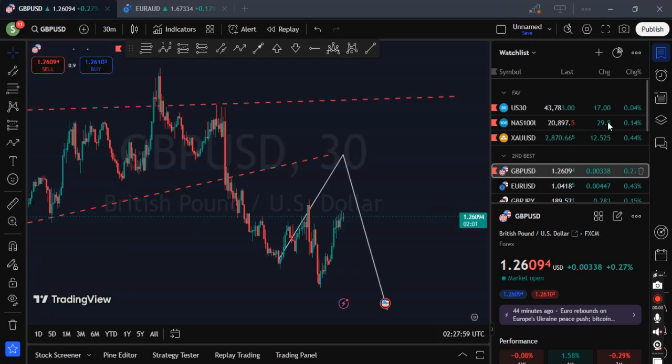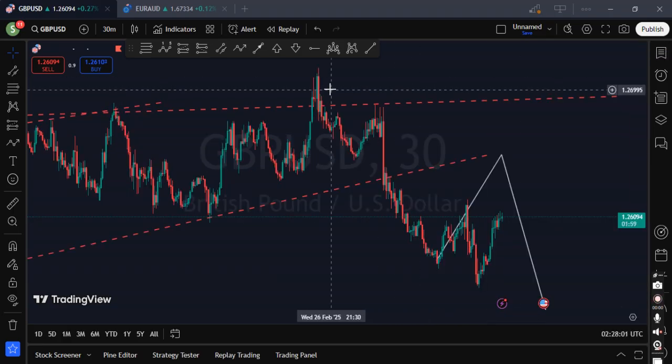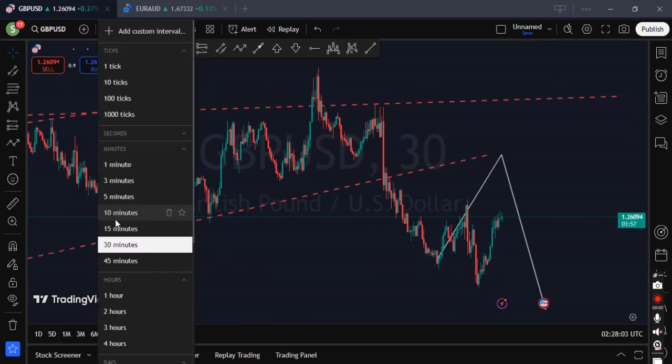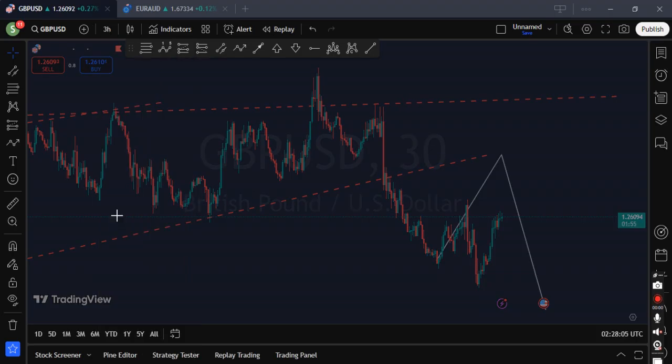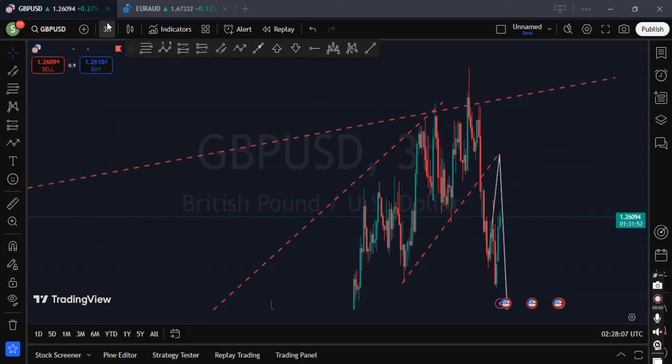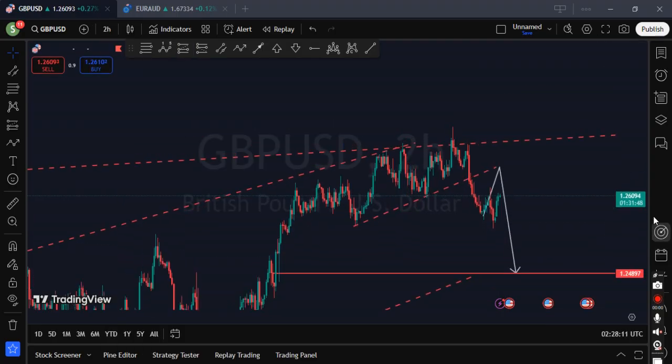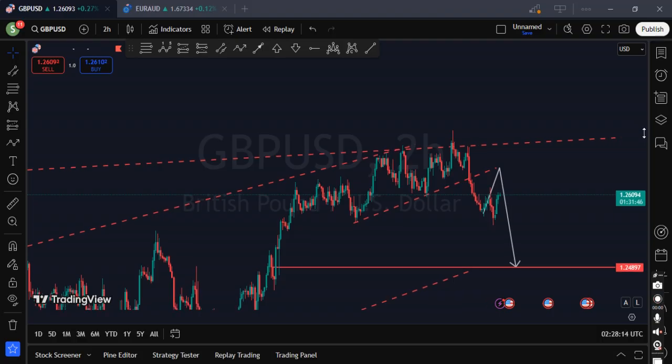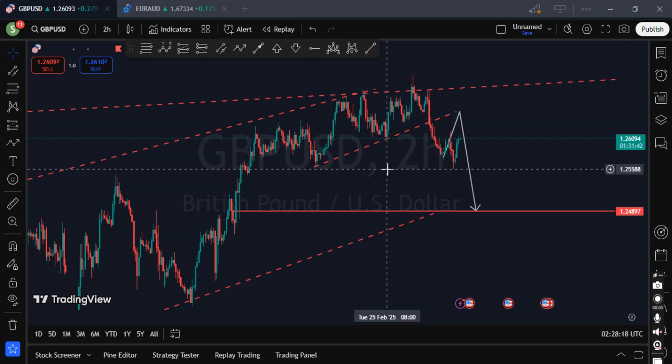This is what we have on our time frame. Let's put it on a 2 hour time frame. So this is what we expect from GBP USD.